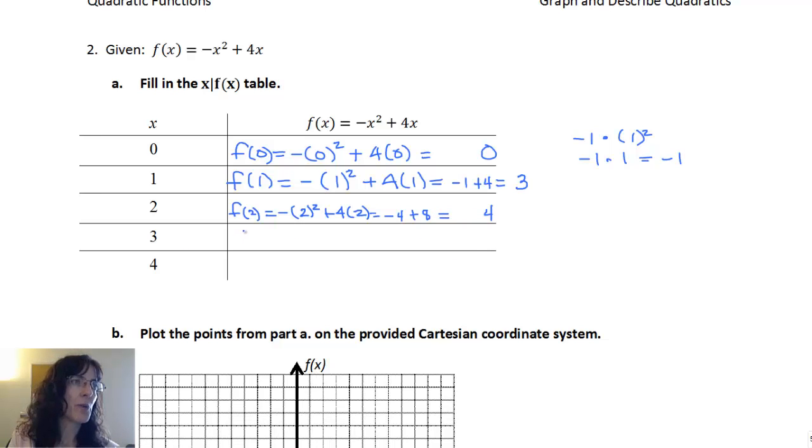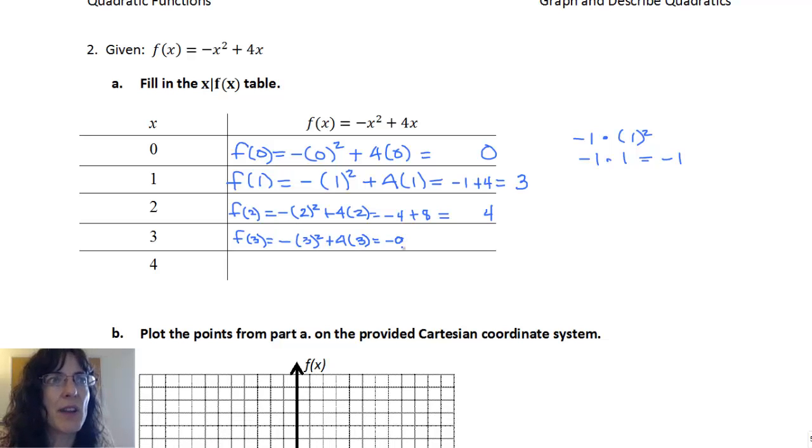Now if I put a 3 in, negative 3 squared plus 4 times 3, so I'm going to have a negative 9 this time plus 12, and when I add those two together I get a positive 3.